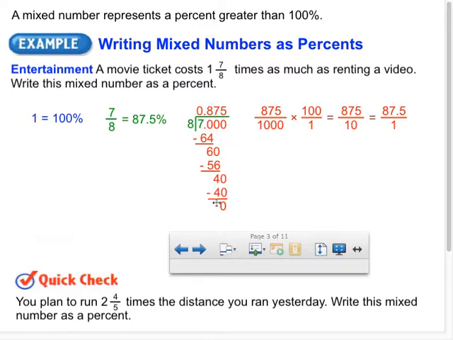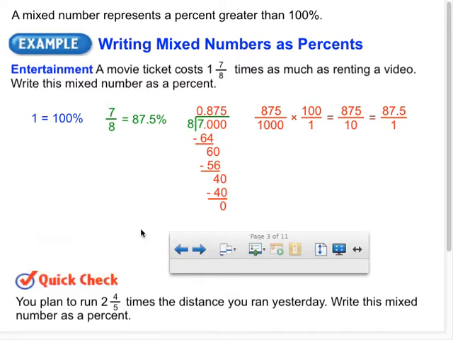Okay? Everybody understands how to rewrite a fraction as a decimal, correct? Okay, yep. So, could you have done 100 divided by 8 and then multiplied it by 7? 100 divided by 8. Yep, you could have done it that way.